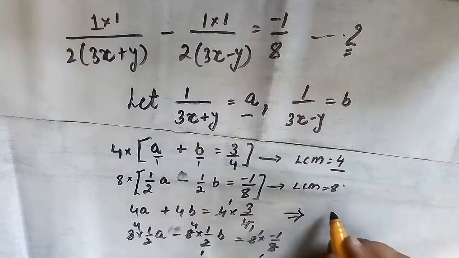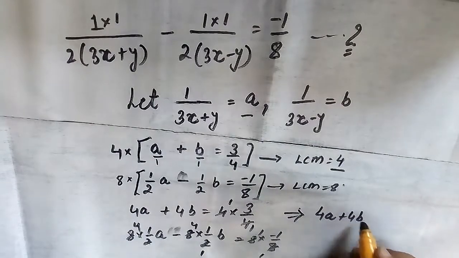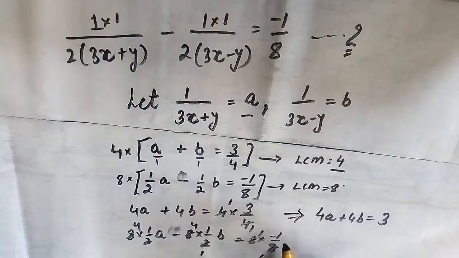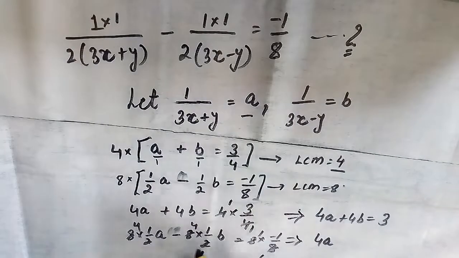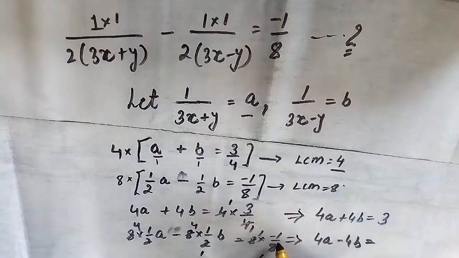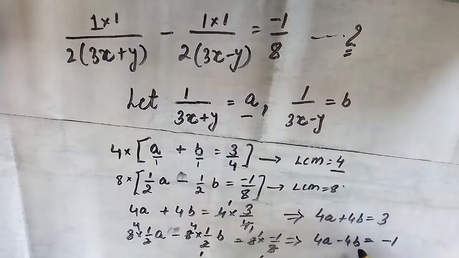Now simplify them. The first equation will become 4a plus 4b equals 3, and the second equation will become 4a minus 4b equals minus 1. Now both your equations are in simplified form.